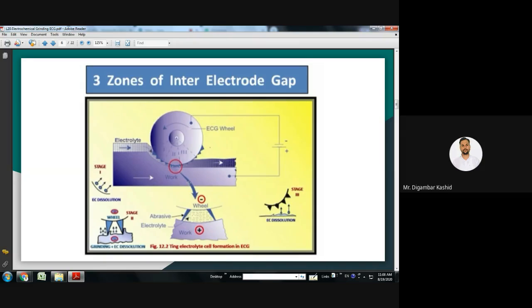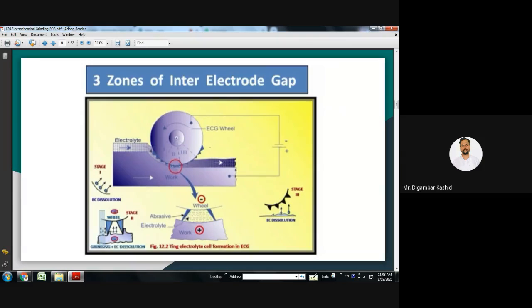So I repeat, in this electrochemical grinding, there will be 3 zones of the inter-electrode gap. In zone 1, there will be material removal due to only electrochemical dissolution. You can see here stage number 1.